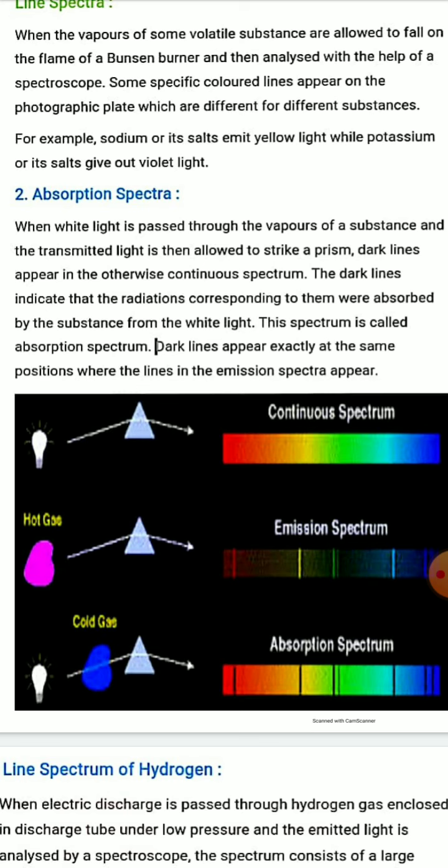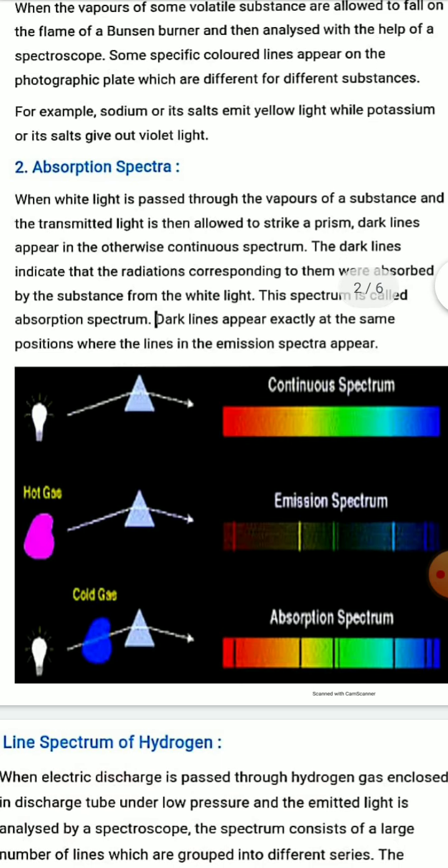This absorption spectrum is actually a continuous spectrum, but there are some dark lines found in it. The dark lines appear exactly at the same positions where the lines in the emission spectrum appear.